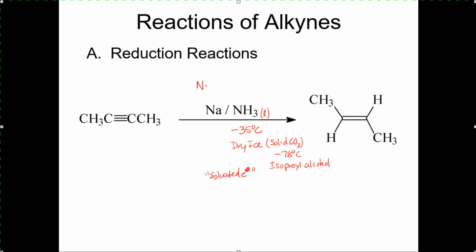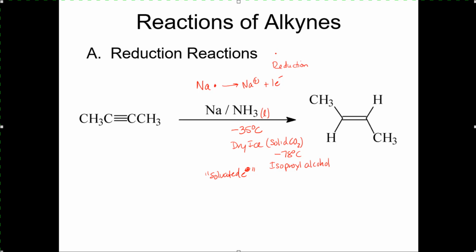So what happens is sodium metal has one unpaired electron, and when it goes into liquid ammonia, it basically becomes a sodium ion and an electron that can go around the solution. This is a pretty spectacular reaction. It forms a very dark blue color, and this is the ultimate in doing reduction, right?